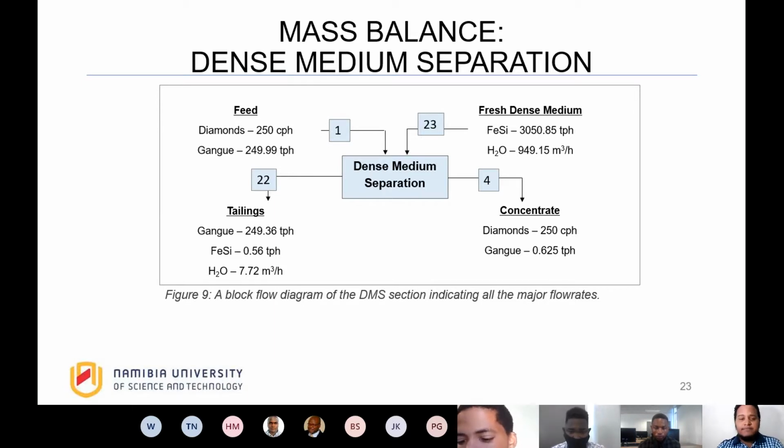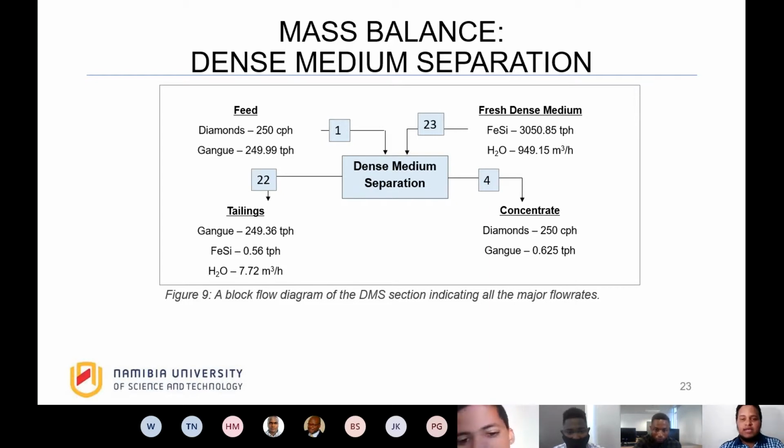Our tailings show that most of our gangue is leaving our dense medium separation circuit. However, we can see that there are some ferrosilicon losses in our tailings, and we also lose some water to our tailings.